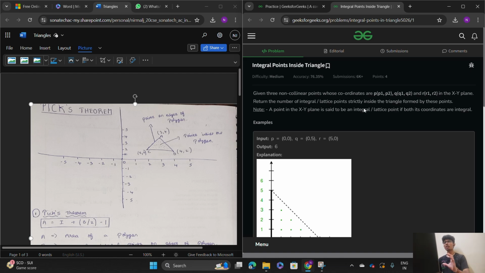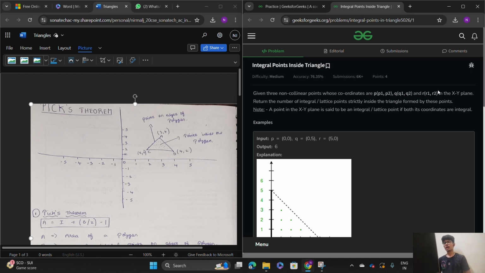What we need to return is the lattice points which are strictly inside the triangle formed by these three coordinates. It means that using these three coordinates, they have formed a triangle, and inside this triangle we have certain lattice points. We need to return that count of lattice points as our output.